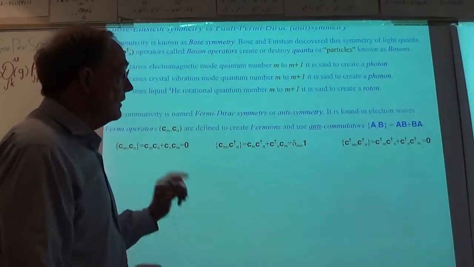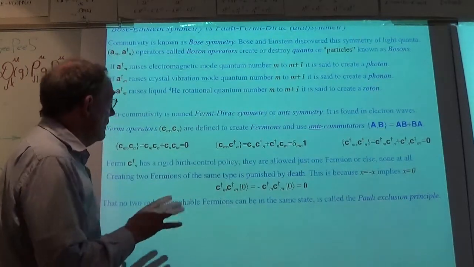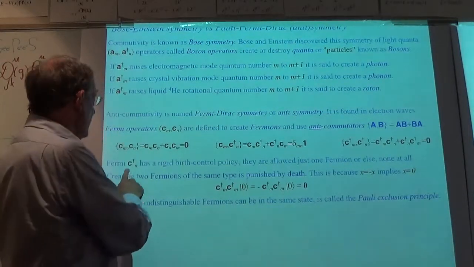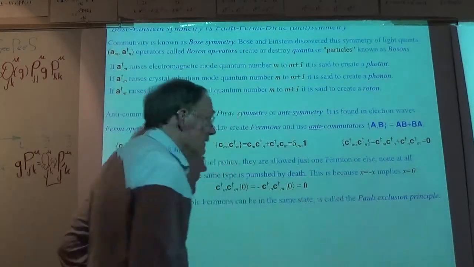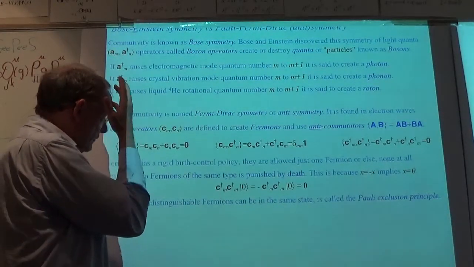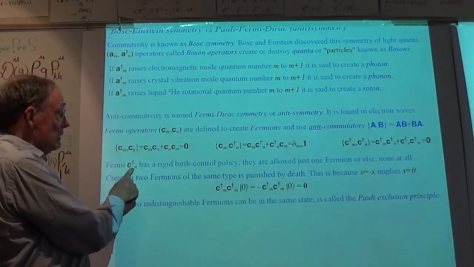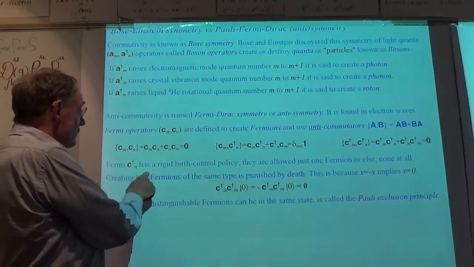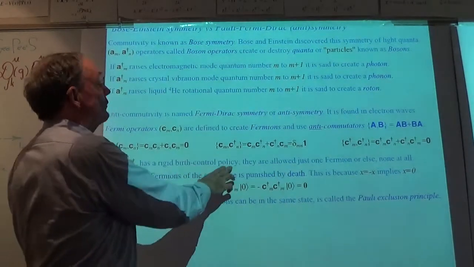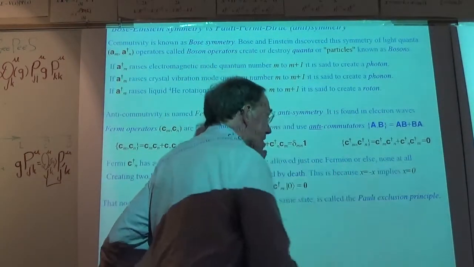And we're going to have a lot to say about permutational symmetry before we get done with this course, but right now this is as much as I want to say. Now, the idea is due to Pauli. Pauli realized that for some reason the electrons weren't getting together like bosons do in any of the quantum states that Bohr made available, and so he declared a very rigid birth control policy. You're just allowed one fermion or else none at all.